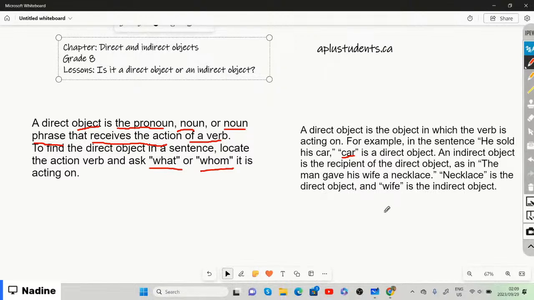So basically, a direct object is what the verb is acting on. The pronoun, noun, or noun phrase receives this action of a verb, and we need to ask ourselves, what or whom is it acting on?